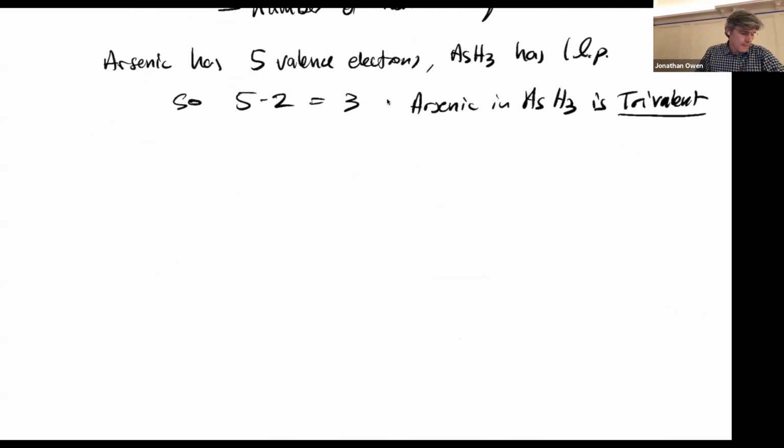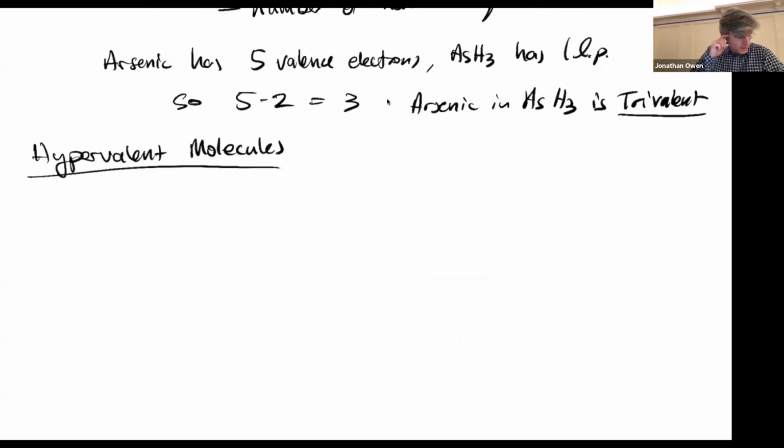Now, there are these things called hypervalent molecules. A good example here is phosphorus pentafluoride.